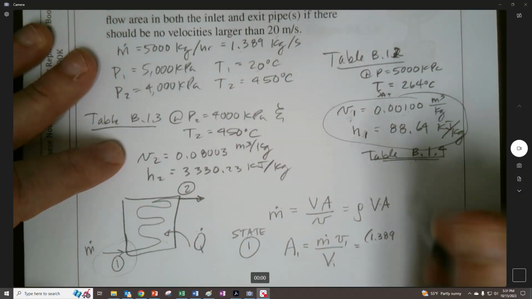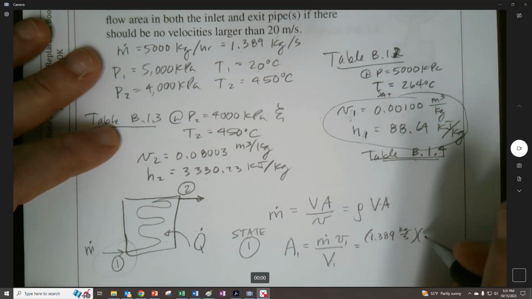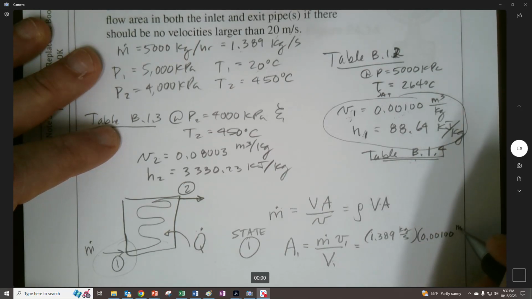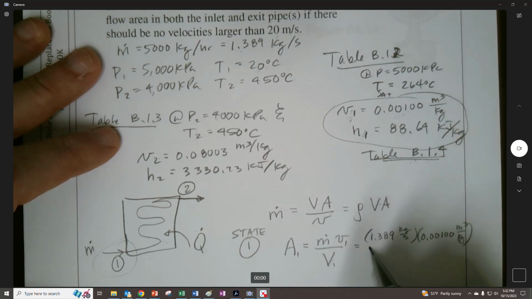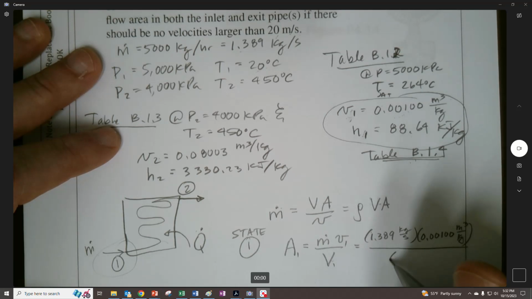So we have 1.389 kilograms per second, and we multiply that by 0.00100 cubic meters per kilogram, and we divide it by 20 meters per second.